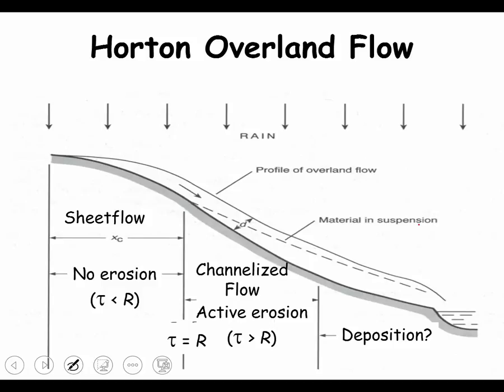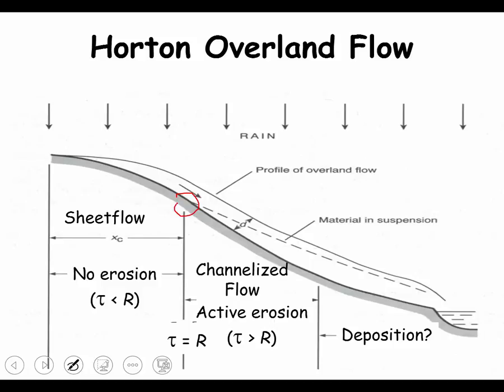But as the water gets deeper, and of course it's getting deeper because there's more and more water falling upstream, if you like, or upslope, at some point you reach a critical point where you begin to have erosion. And once you begin to erode, the erosion starts to be channelized and you're getting gullies.